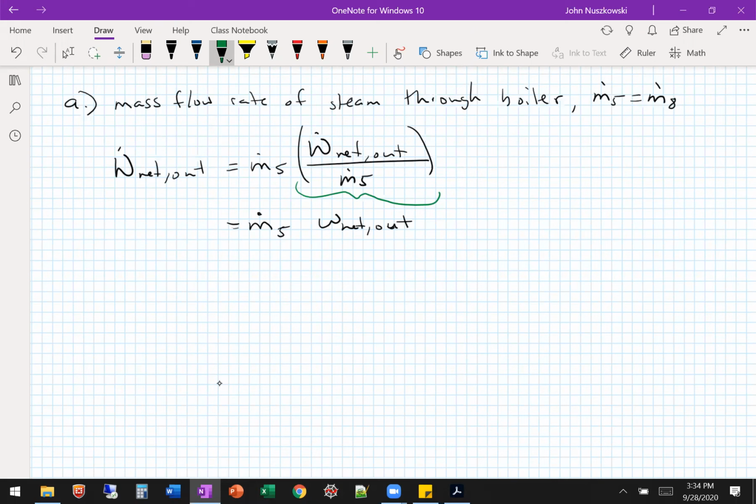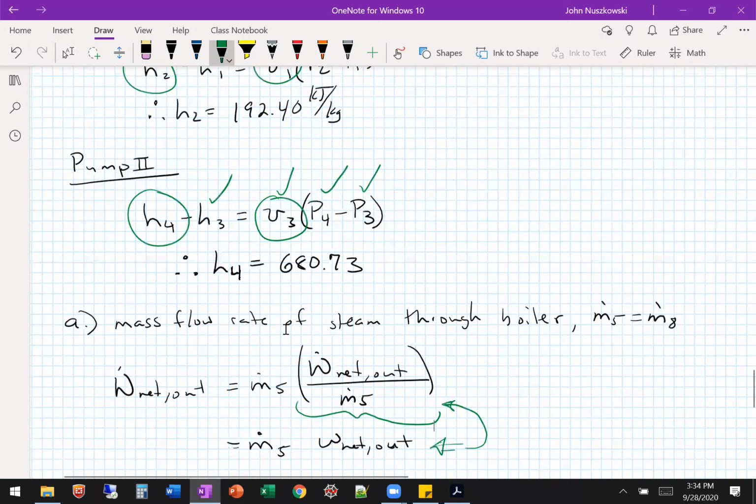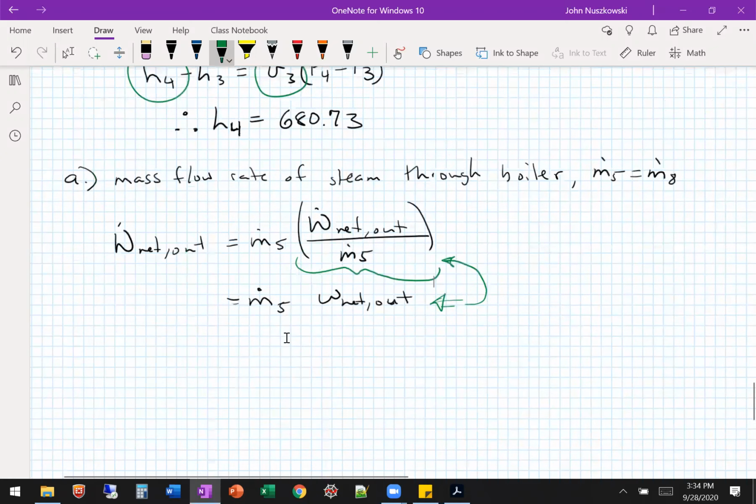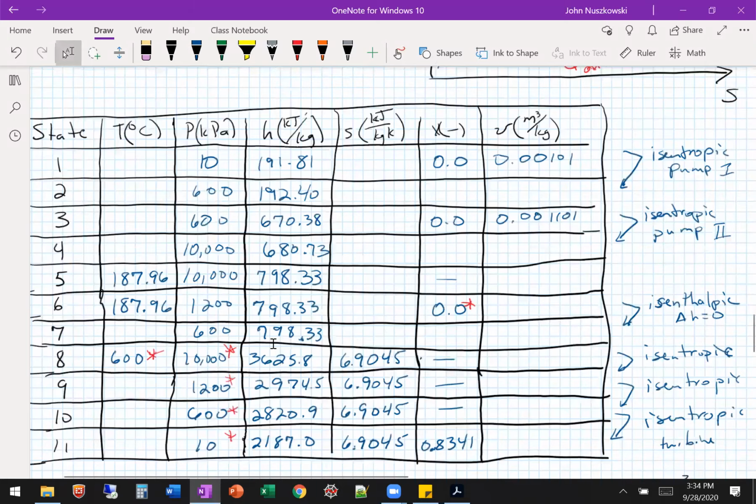But we want it in this lowercase net work, okay? But this net work is based upon dividing it by mass flow rate 5, okay? That's important because if you look at the schematic, the mass flow rate's changing through everything, okay?